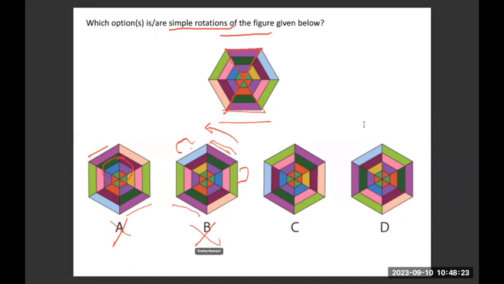In the case of C, the issue happens again if I place myself here and here. It is completely rotated, where this green part, orange part, green, orange, dark green and purple happens on that side.